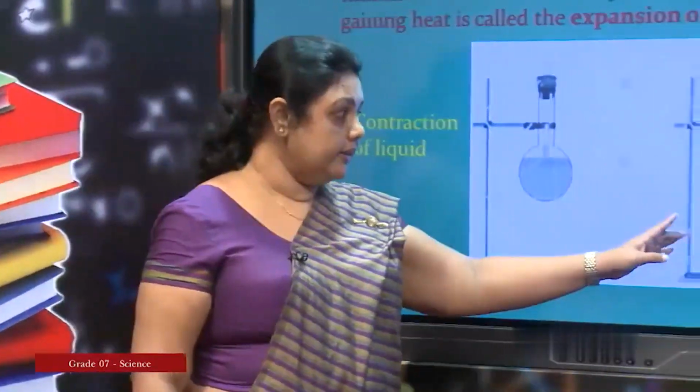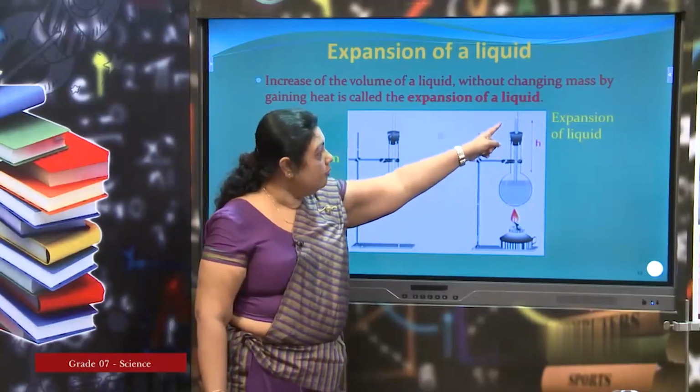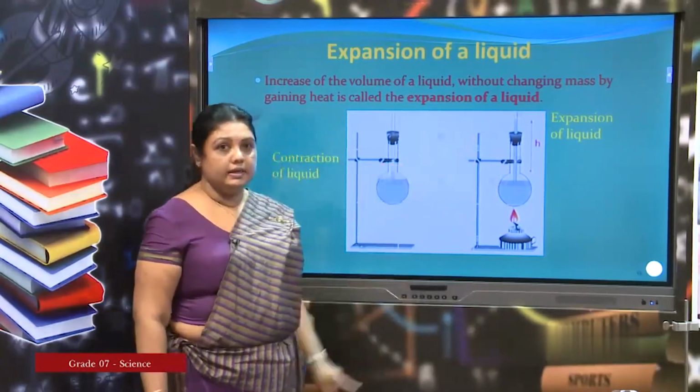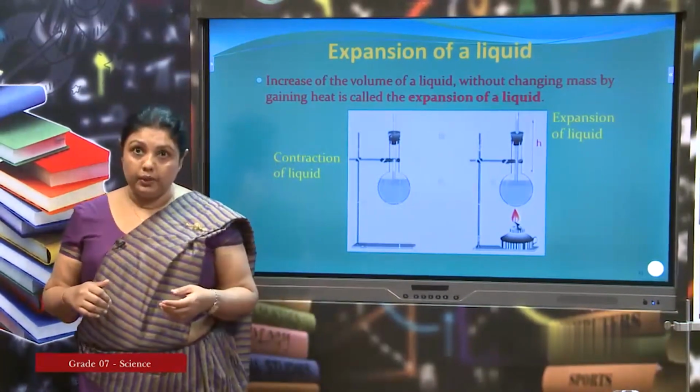Here the same setup, but the spirit lamp is there. So, obviously with the spirit lamp this water is getting heated up. Here it is not getting heated up. What will happen here? You can see the level of liquid has risen up. So, that is called expansion of liquid.